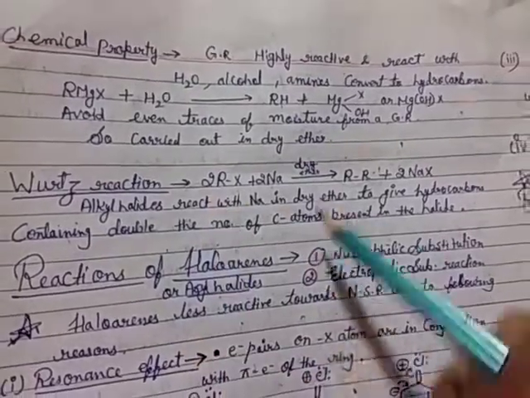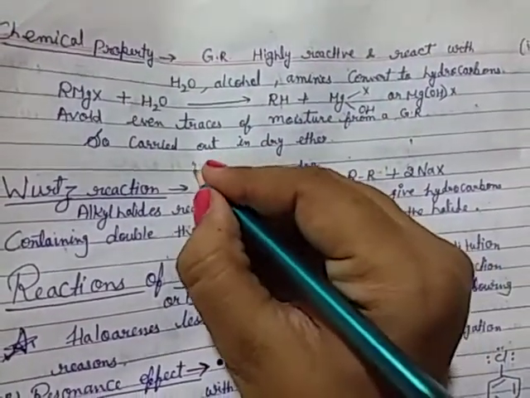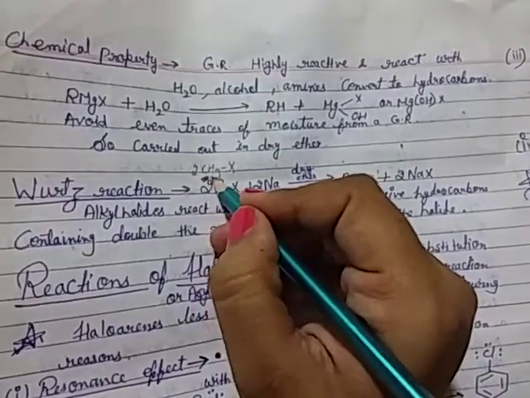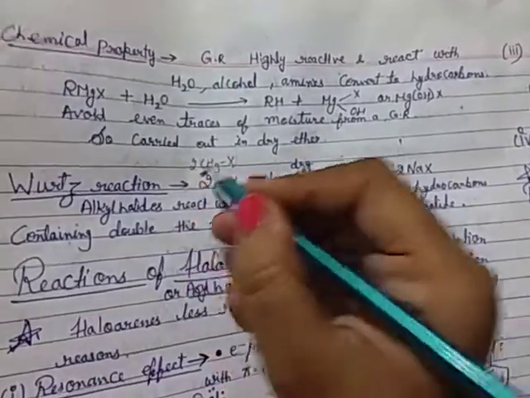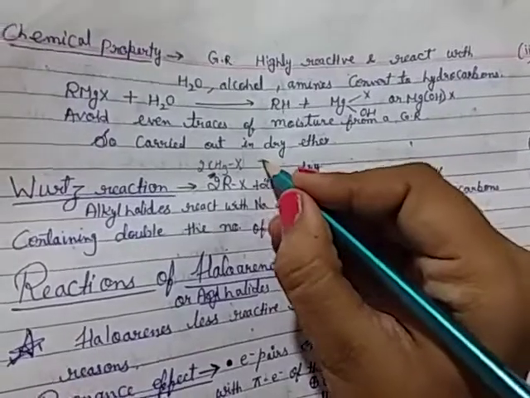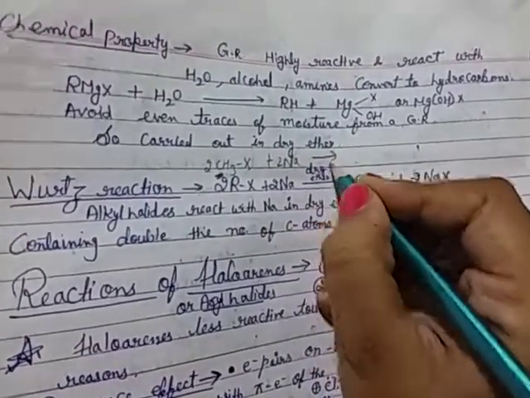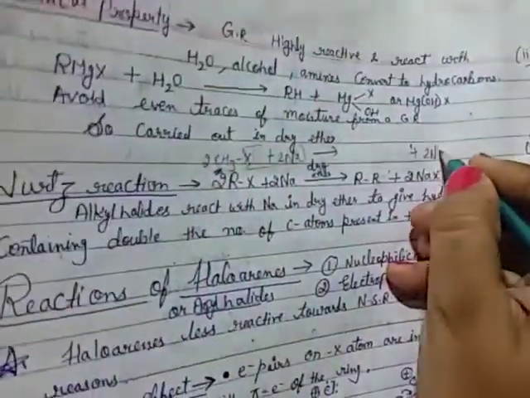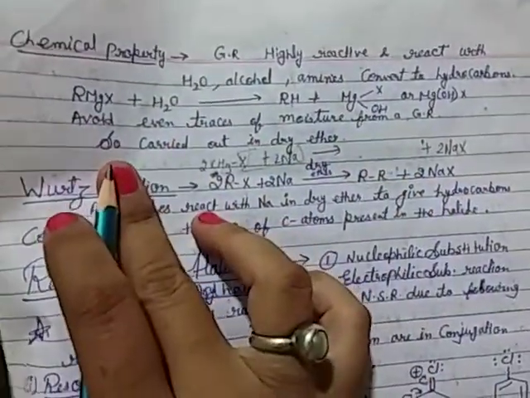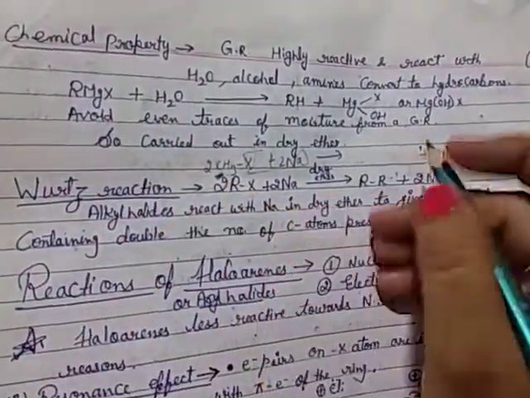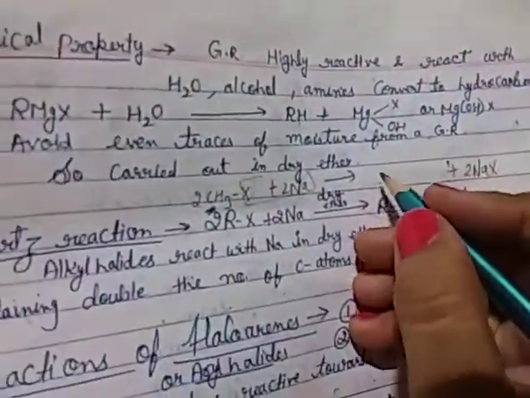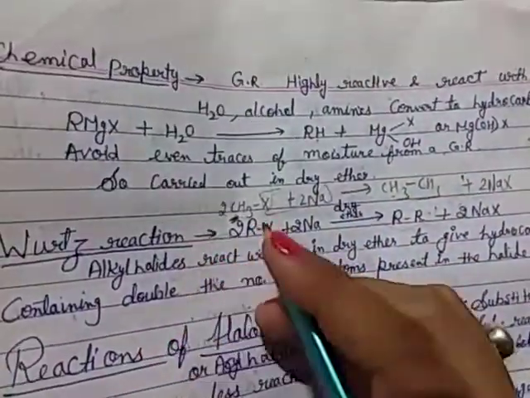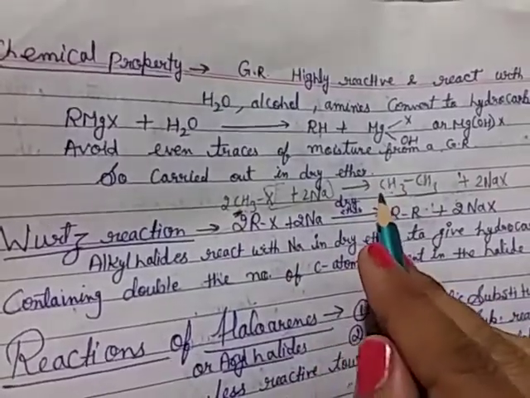For example, take 2 CH3X. Here there is only one carbon in the methyl halide, but with 2 Na the compound formed is CH3-CH3, along with 2 NaX. So the reactant has one carbon only, but the product, CH3-CH3, has 2 carbons.